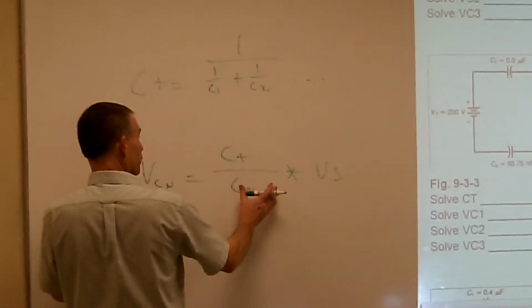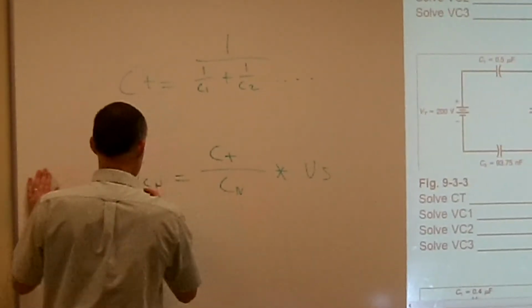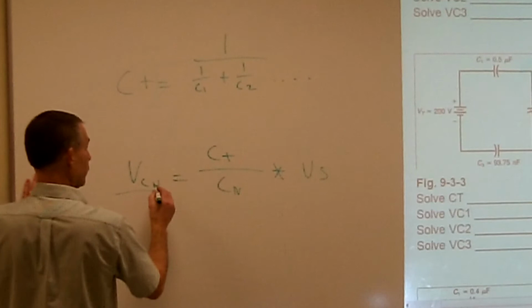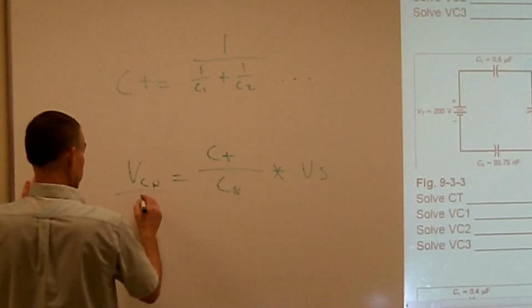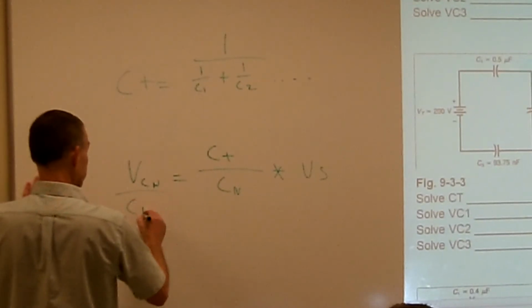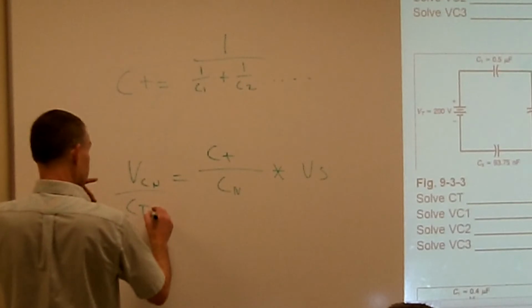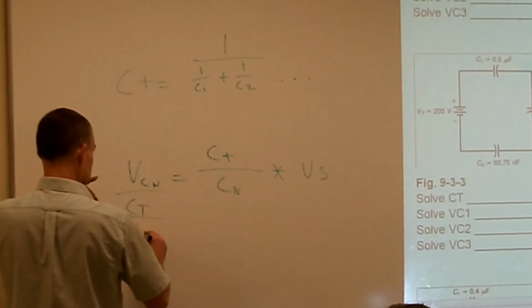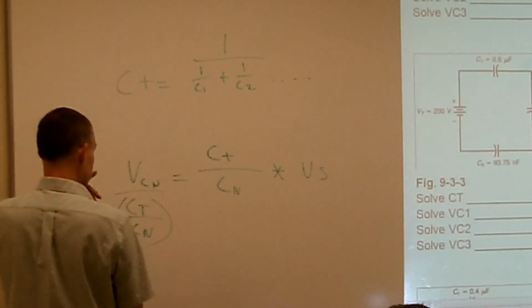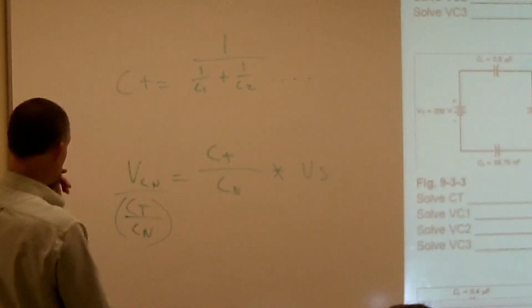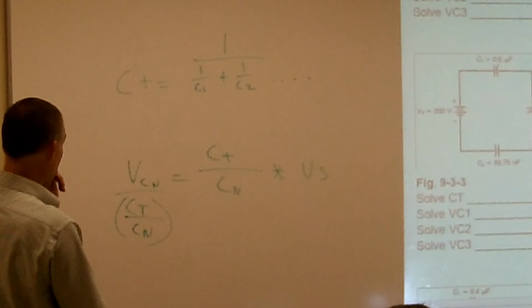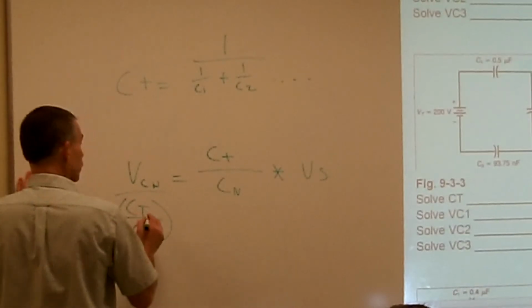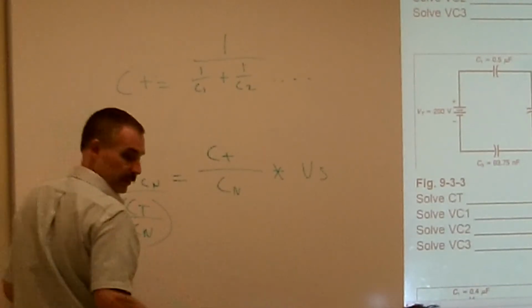So what we want to do is take whatever we do here, flip it over there, put it over here. So then this one would have to be CN over CT, or you multiply both sides by CN over CT.